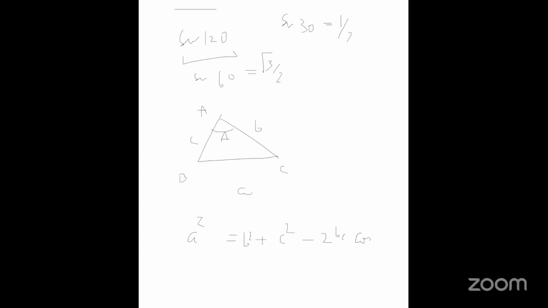Which in the 120 case, if a is equal to 120, just means a square is equal to b square plus c square plus bc. So this is the law of cosines.